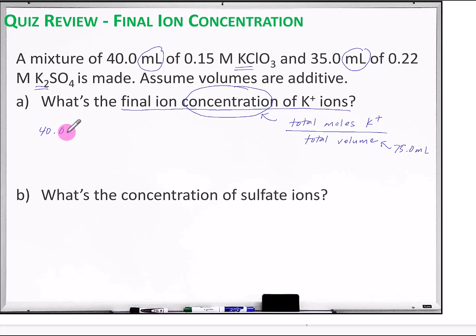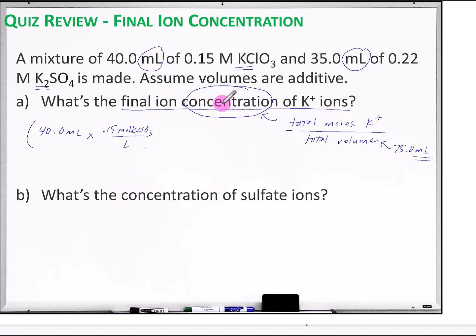So 40.0 milliliters times, I'm going for total moles, 0.15 moles of KClO3 per liter. I know that this doesn't cancel, but I know that mL is going to be on the bottom, so it'll take care of that.